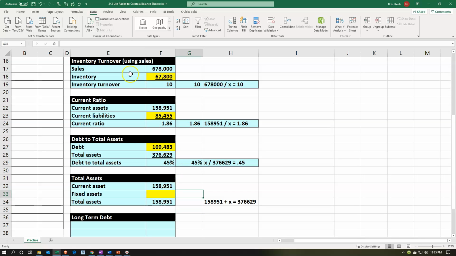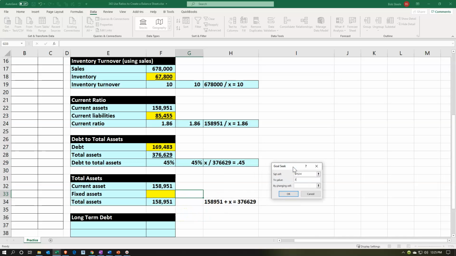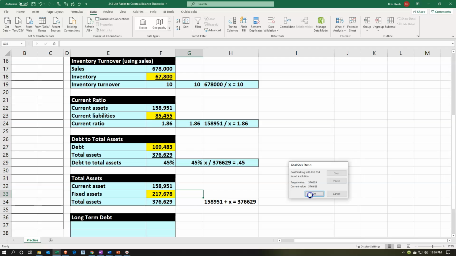Then click off the cell, go to the Data tab up top, What-If Analysis, Goal Seek. We're going to say, I'd like you to change this cell to be what we know it should be, which is 376629, by adjusting the yellow cell. We'll say okay, and it's going to do that for us. That looks good, so I'm going to say okay.